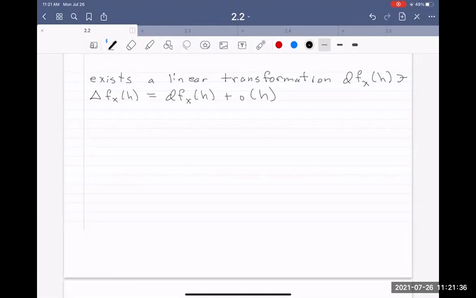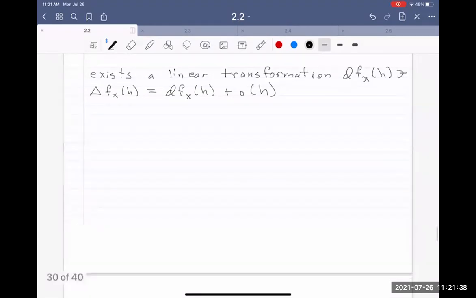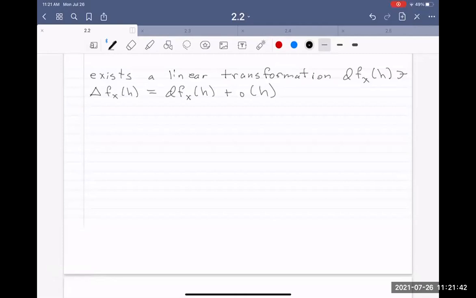And so let's figure out what each of these are. Delta f sub x at h is equal to, by definition, f of x plus h minus f of x.